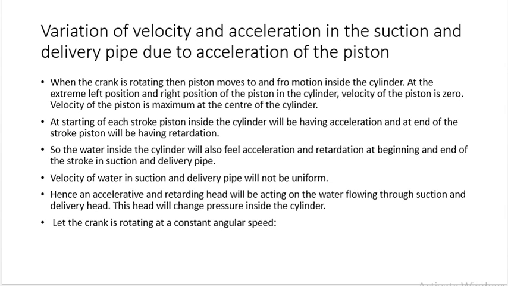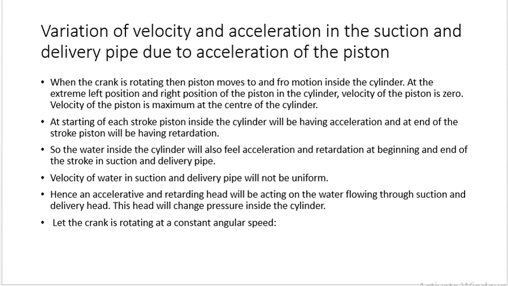But during this revolution of the crank, velocity doesn't remain constant inside the cylinder. Velocity doesn't remain constant inside the cylinder because when the crank is rotating, then piston moves to and fro motion inside the cylinder.